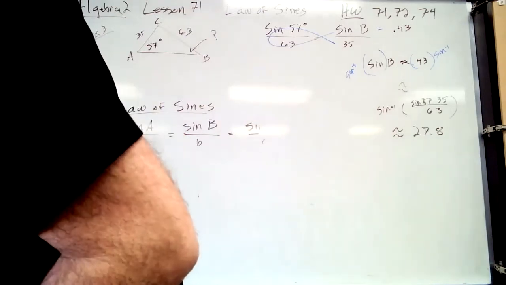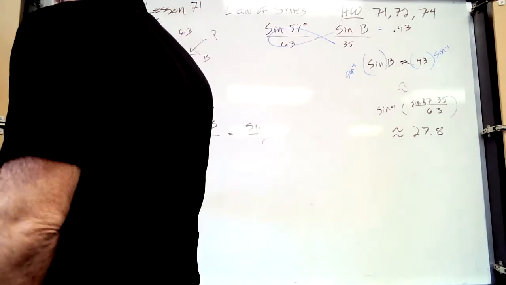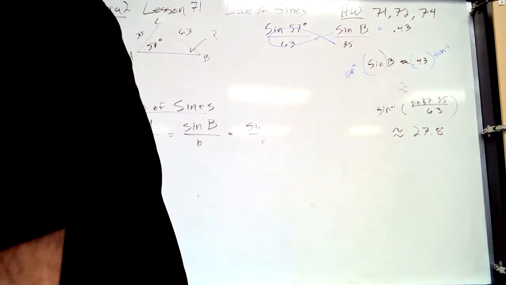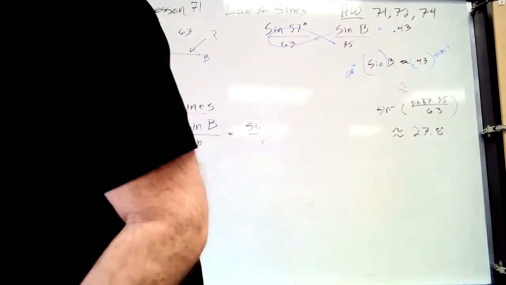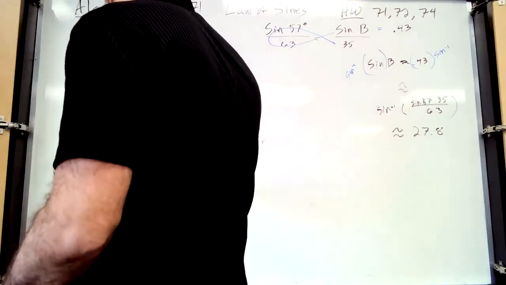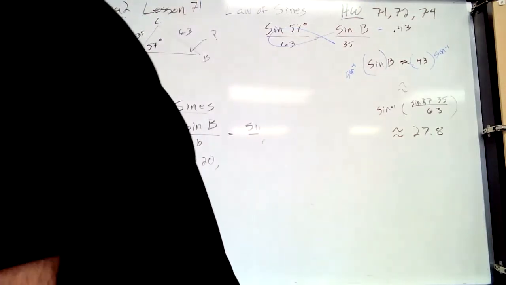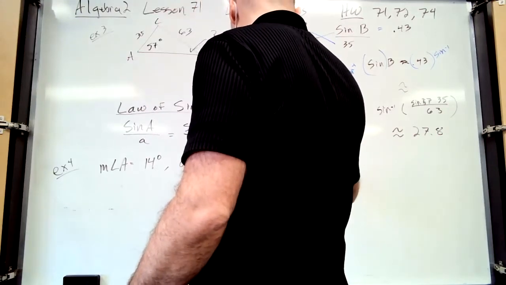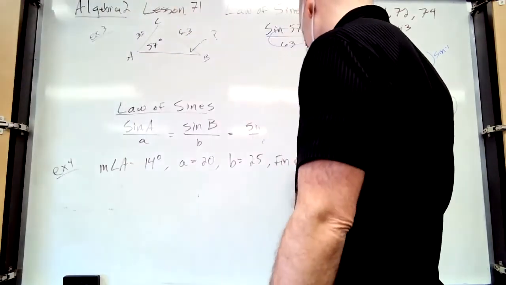It just says that, let's say that the measure of angle A equals 14 degrees, a equals 20 and b equals 25. Find the measure of angle B.